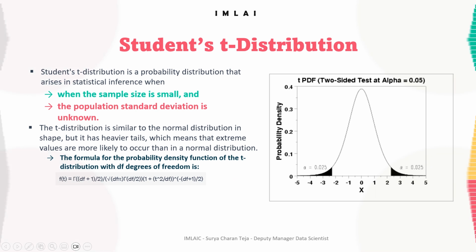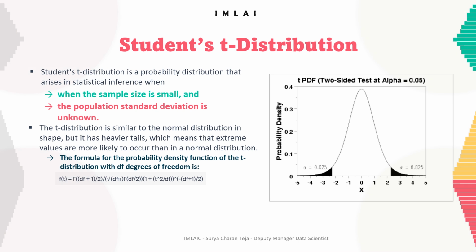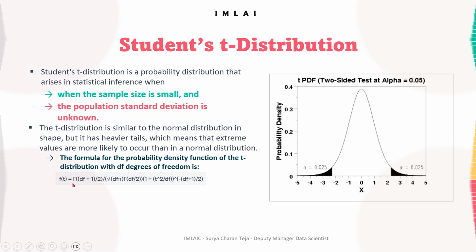This is the formula for the probability density function of the Student's T distribution with df degrees of freedom, as you can see on the screen, where gamma is the gamma function and t is the random variable that represents the sample mean.